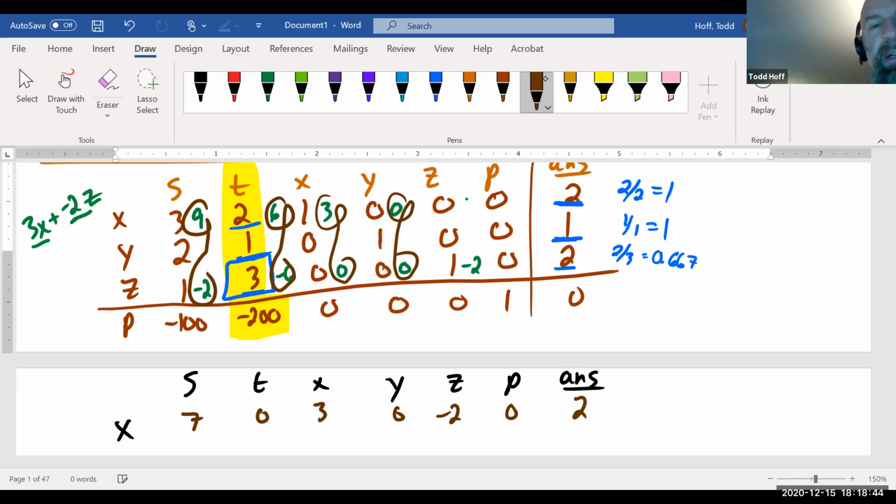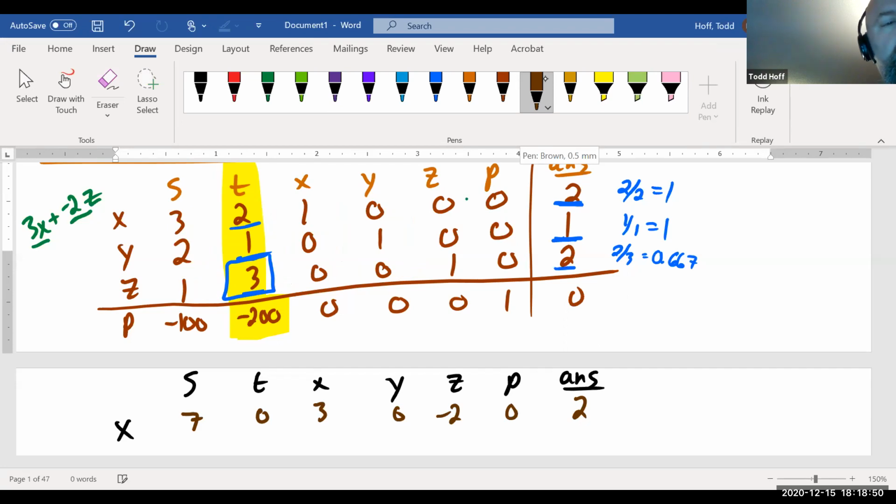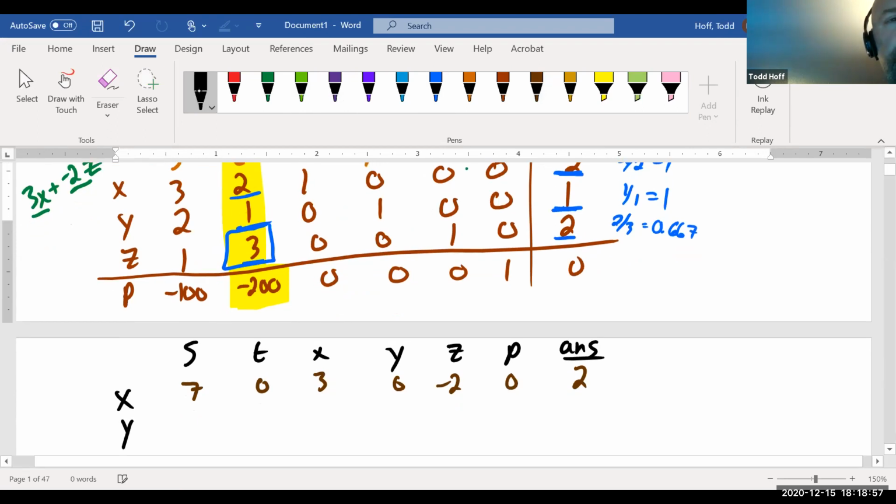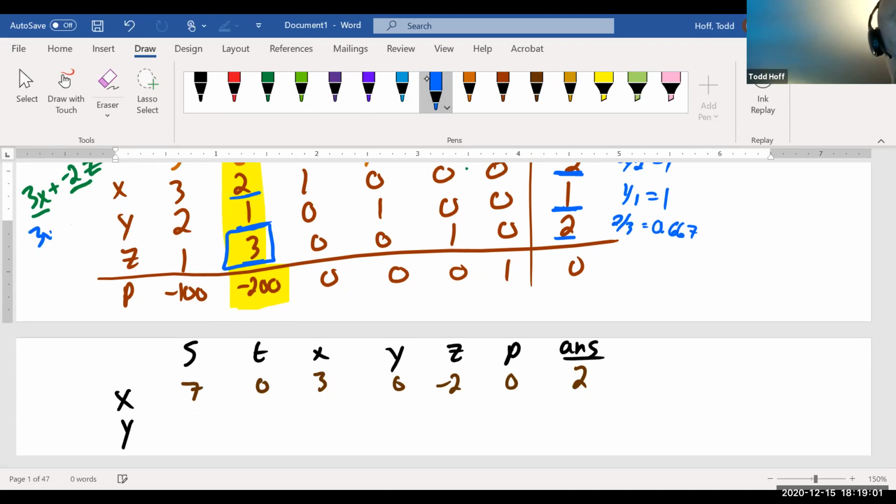So now I can focus on clearing out row Y. I have a 1 and a 3, so I'm just going to do 3 times Y plus negative 1 times Z. So 3 times Y: 3 times 2 is 6, 3 times 1 is 3, 3 times 0 is 0, 3 times 1 is 3, 3 times 0 is 0, 3 times 0 is 0, 3 times 1 is 3.